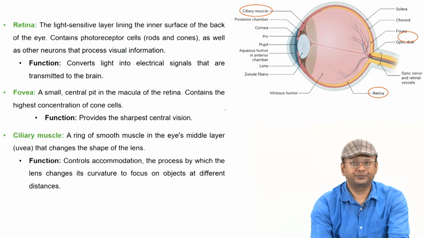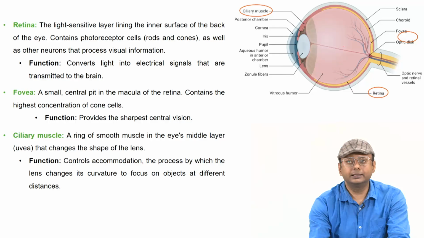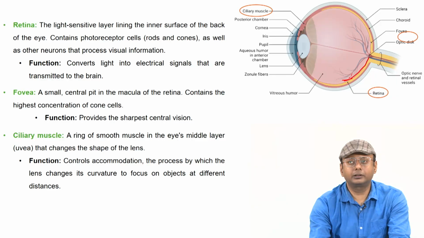Then the retina, it is one of the most important parts, right? The retina, this yellow part which is the retina, you can see, right? So basically it is a light sensitive layer lining the inner surface of the back of the eye.